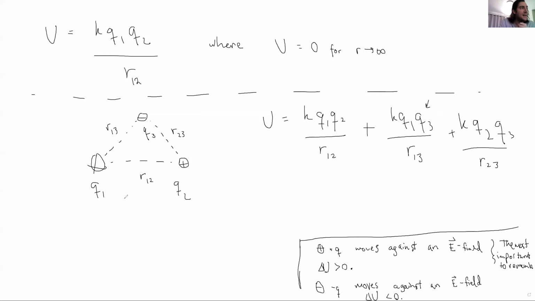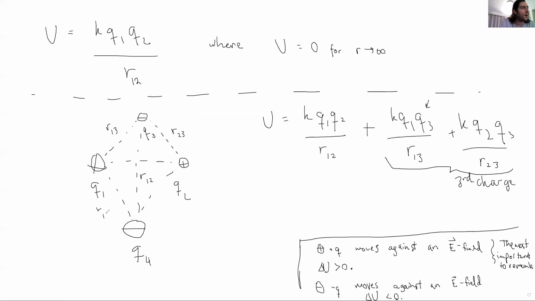So if we wanted to add in now a fourth charge, so these are due to the third charge. If we now wanted to add in due to a fourth charge, okay, let's say we had another big minus charge here. Well, now, okay, this is our Q4, so we now have three more terms to add to the potential energy.